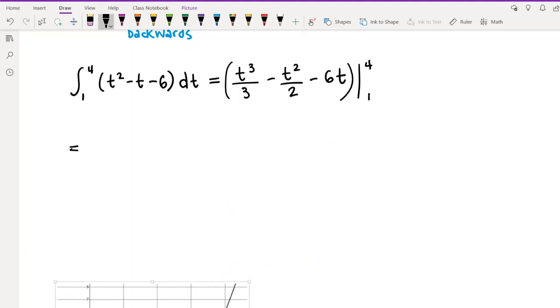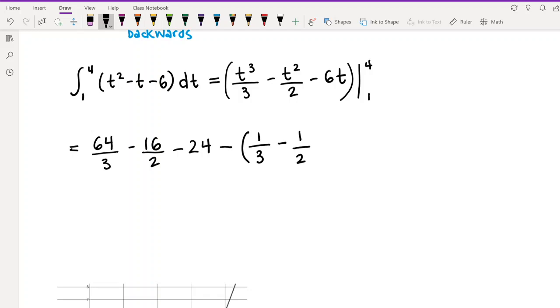So for the first part, we get 4 cubed over 3, so that is equal to 64 over 3. And then we have t squared over 2, which is 16 over 2, and then we have 24. And then from that, we subtract plugging in 1. So that's going to give us 1/3 minus 1/2 minus 6.